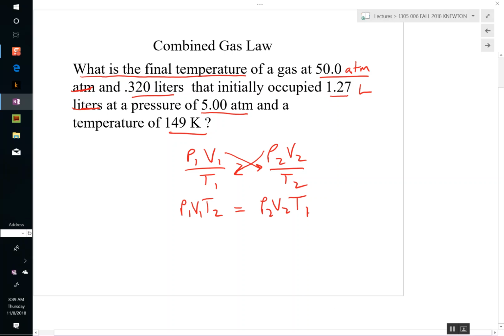So the combined gas law is P1 V1 T2 equals P2 V2 T1. I'm not going to get bogged down in all this calculation. Let's just analyze this problem, and then I want to go on. What is the final temperature? T2. T2 is my unknown.